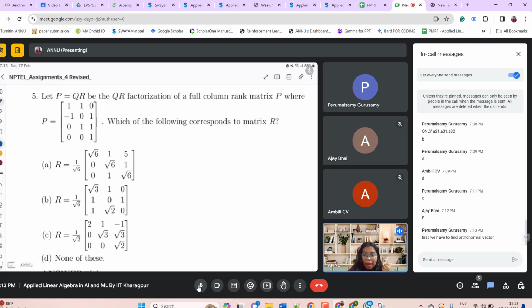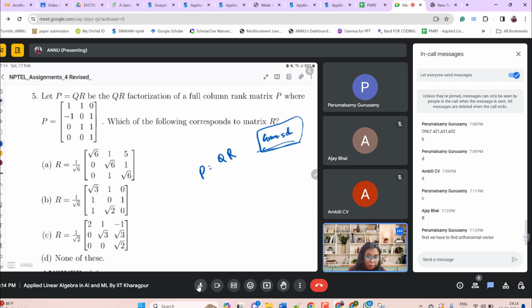How will I do? I will just check how to calculate Q and R. I will try like this: P equals QR, because sir taught about orthonormal vectors. Once sir taught Gram-Schmidt, then it's very easy to get Q. I don't know how we would get it without it.